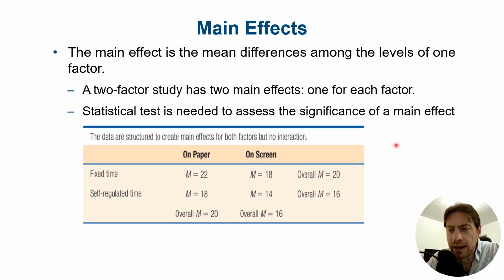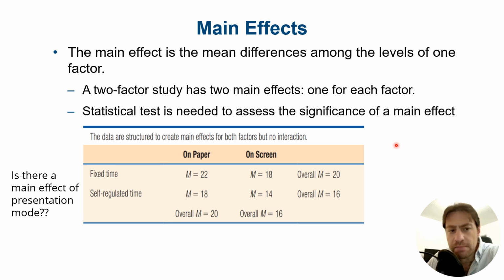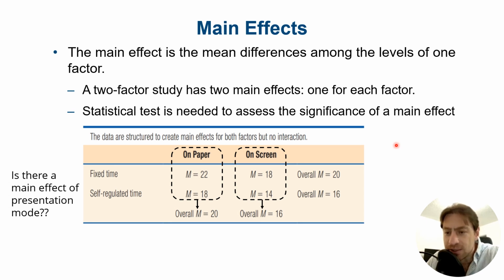So here we have a hypothetical data set for that study that we discussed. And if we were to ask, is there a main effect of presentation mode? Then what we want to do is average across the other factor, study time. And what you're left with would be two means. The overall mean when the presentation mode was paper, and the overall mean when the presentation mode was a computer screen. And then you want to see, is there a difference between these means?